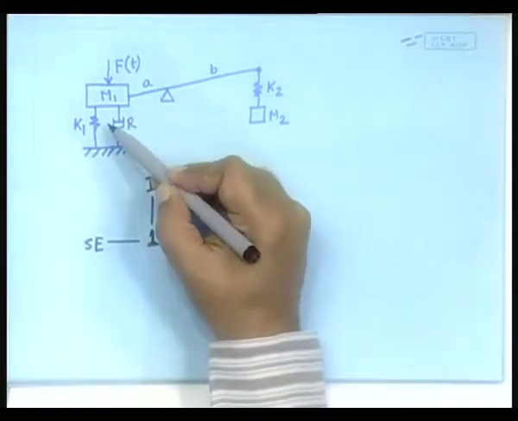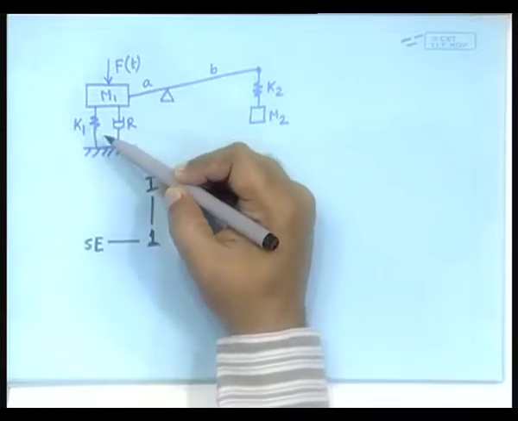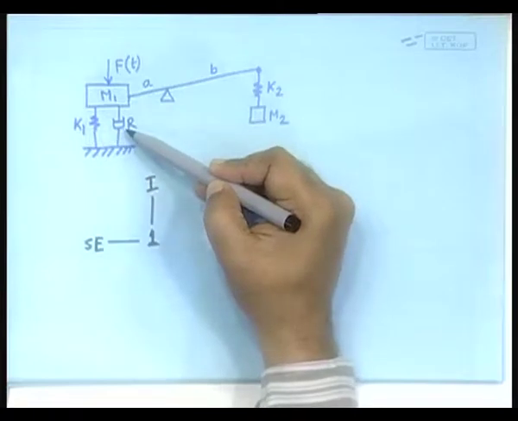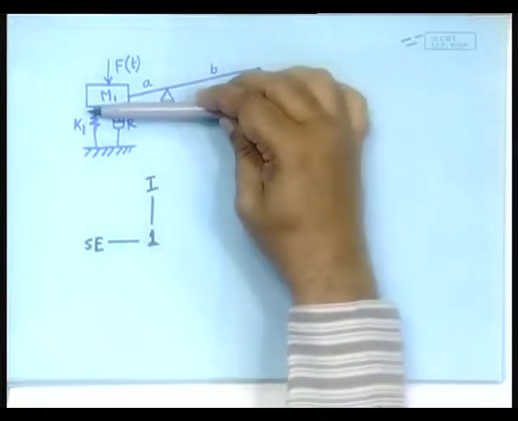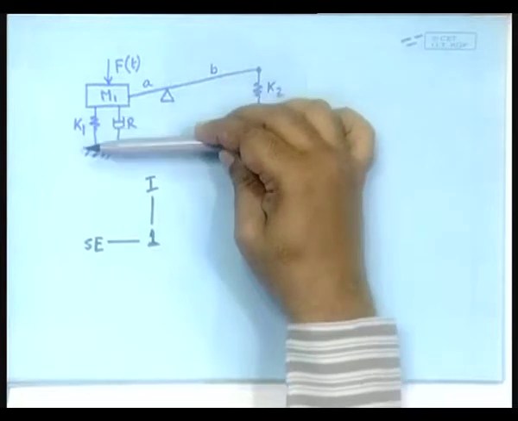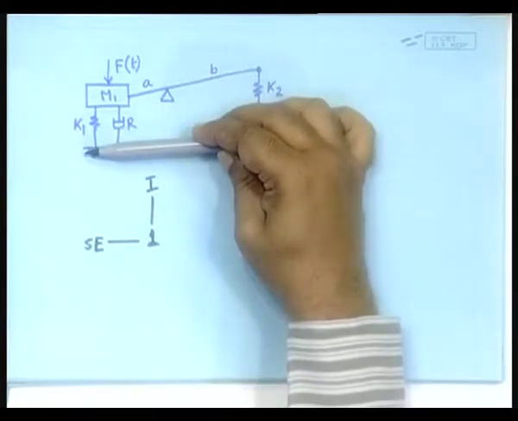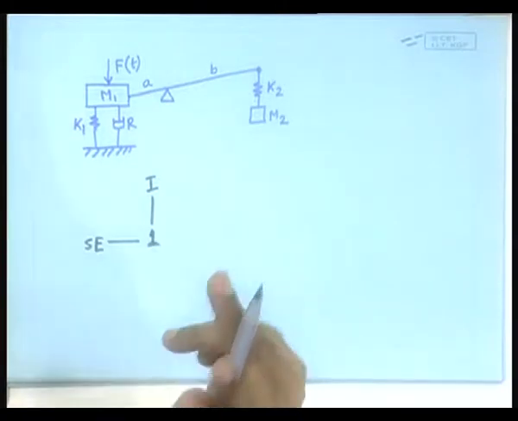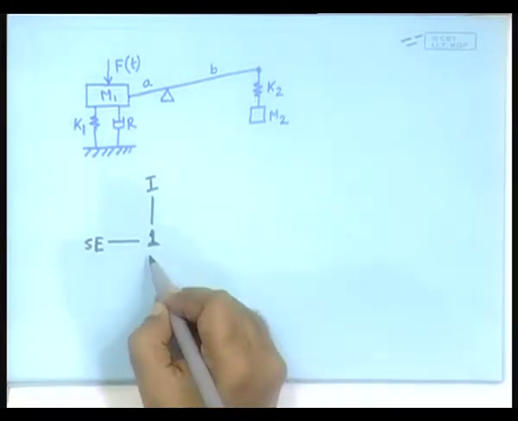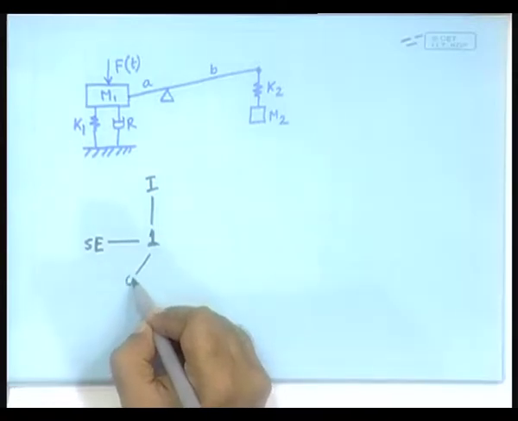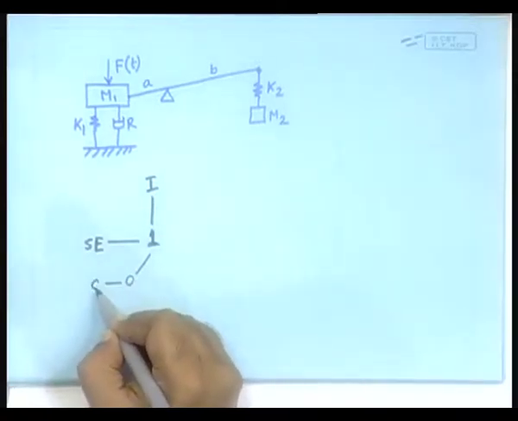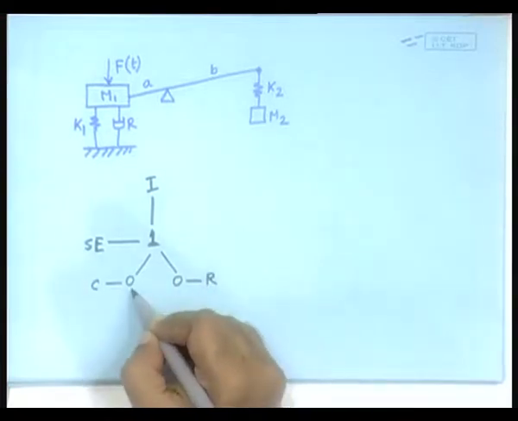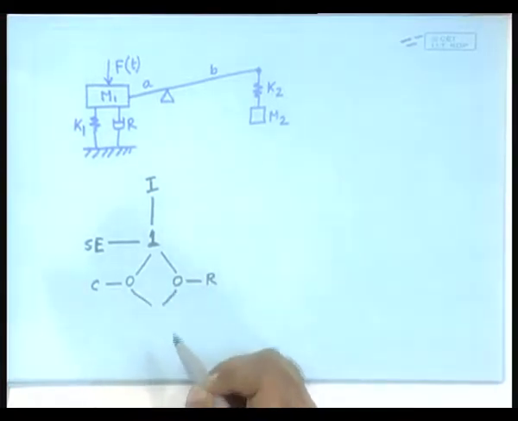What is there at this point? A spring damper arrangement which is sharing the same effort between the top and the bottom. We had earlier done it by two means, one in which we have a 0 junction connected to a C, a 0 junction connected to an R, but that is also connected to something.